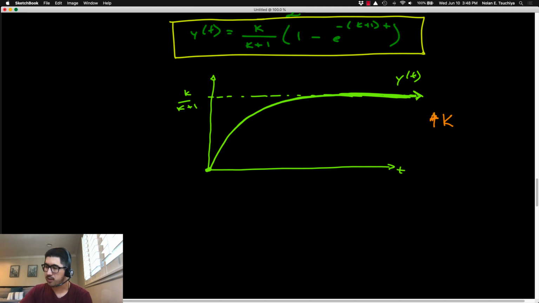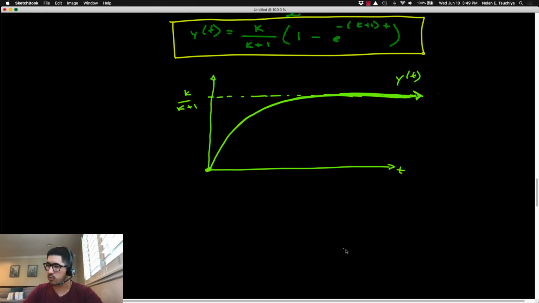Okay, so let's just suppose that k equals 1 for this green plot. If k equals 1, then the final value that we're going to achieve after the exponential decay part dies away is going to be 1 over 1 plus 1. So 1/2, right? Remember we're trying to track a value of 1. Our step reference is 1, right?